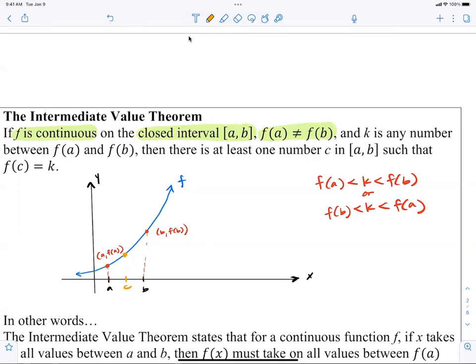So that point would be C comma f of C, which is C comma k.